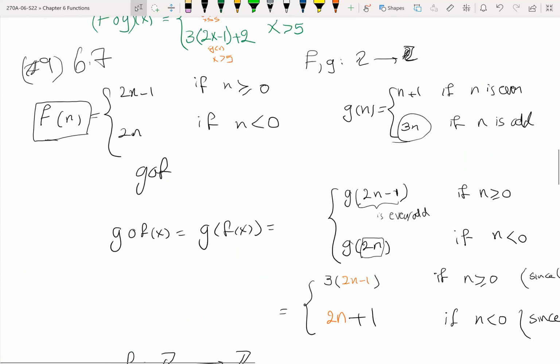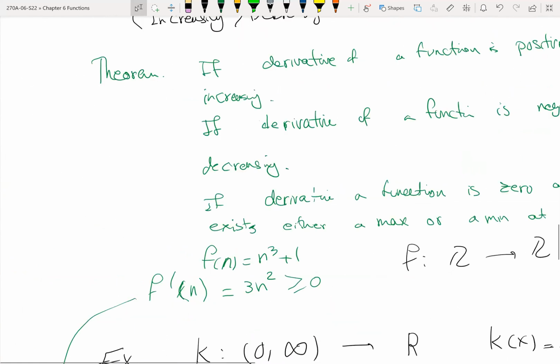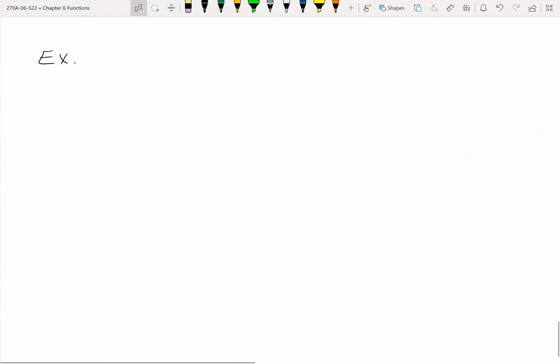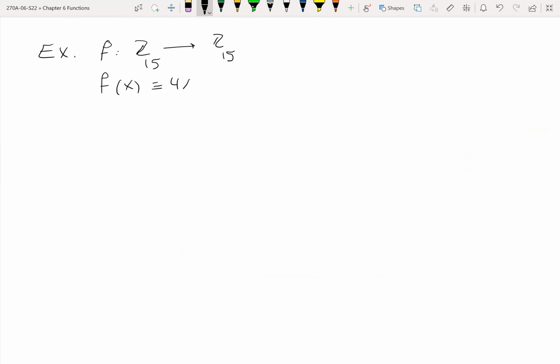So we tried one more. I'm going to try here more. I have my function, which is from Z sub 15 to Z sub 15. And then this is given by 4x minus 11 in mod 15.